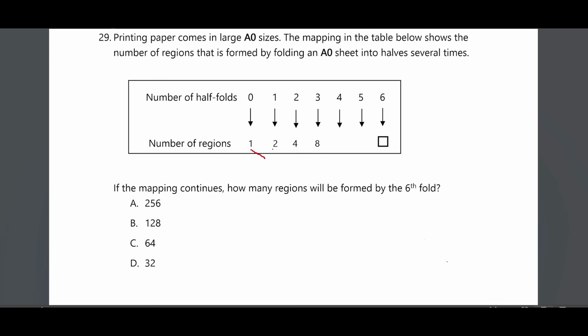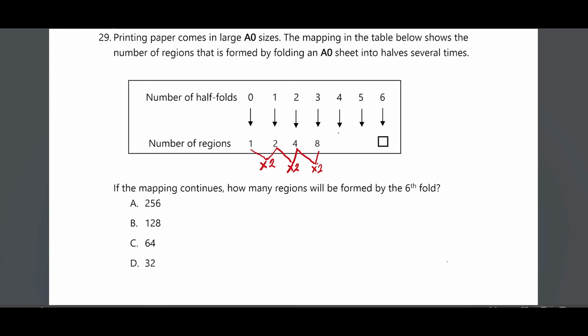You could see that the number of regions is increasing in multiples of 2, that is times 2. From 4 to 8, we have times 2. Let's see. 1 times 2, we have 2. 2 times 2, we have 4. 4 times 2, we have 8.